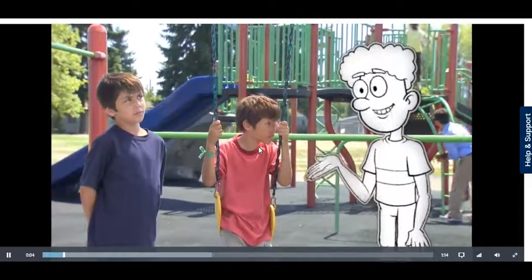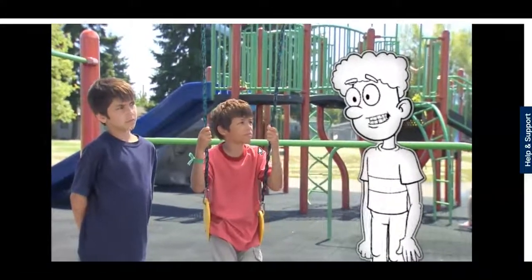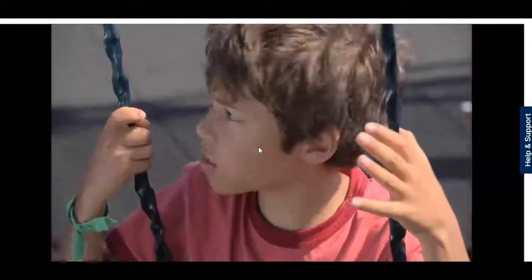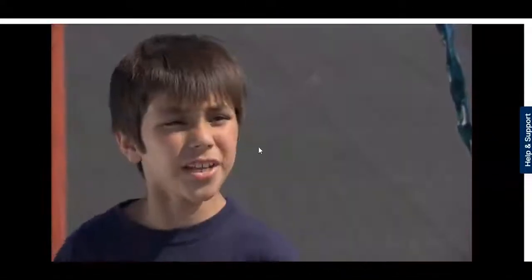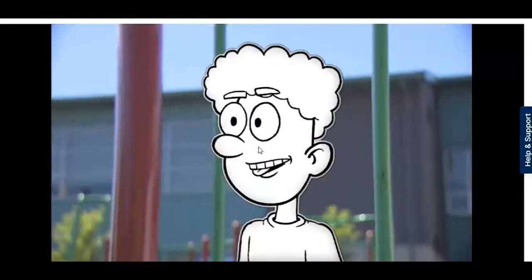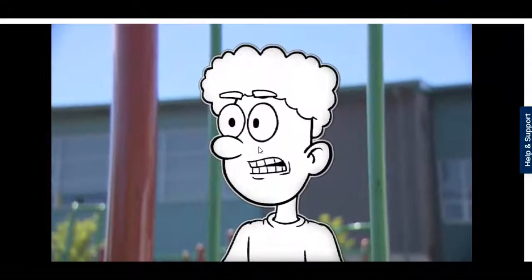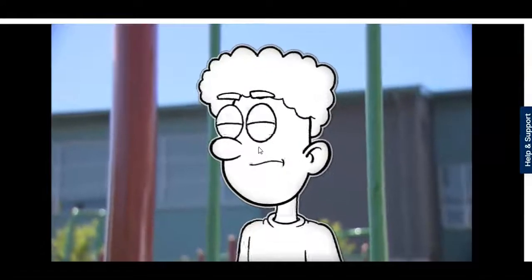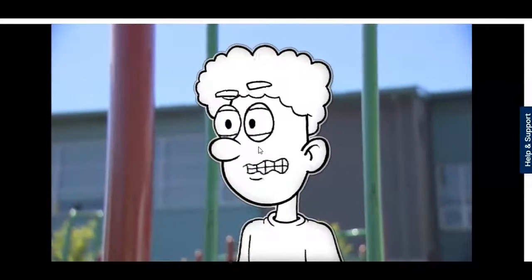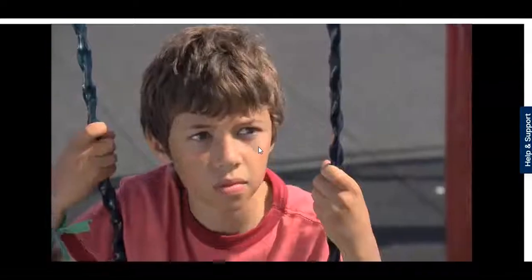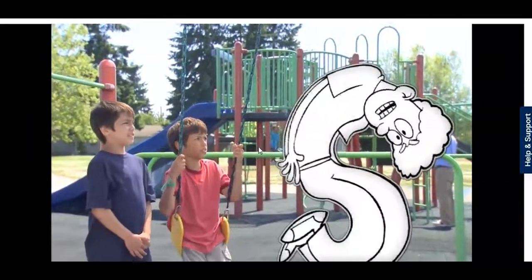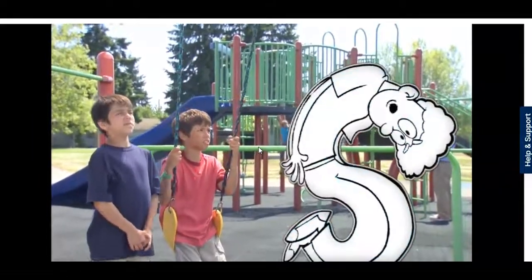So swinging is supposed to be fun, right? But it doesn't look like you're having much fun. What's the problem? Travis is trying to take the swing from me, and I got here first. But he's not even swinging. He's just twisting around. It sounds like you're stuck, and you're not going to be able to swing your way out of it. I think this calls for the problem-solving steps you learned. What are you doing? I'm trying to make an S, but it's not working.